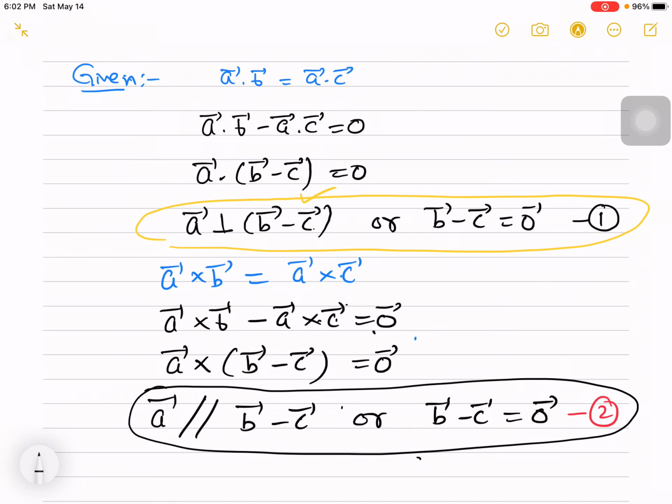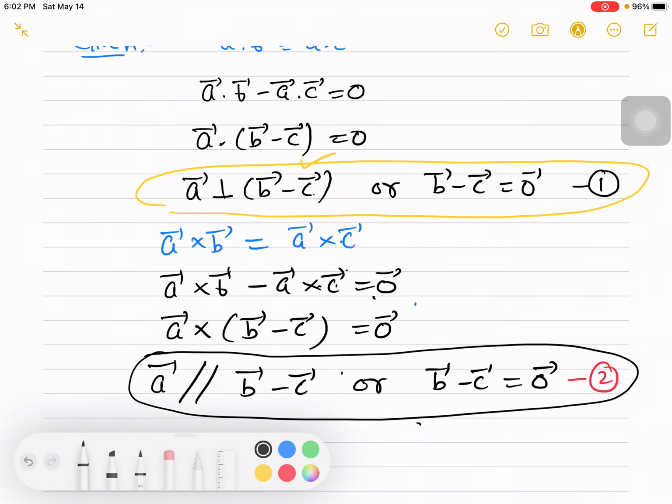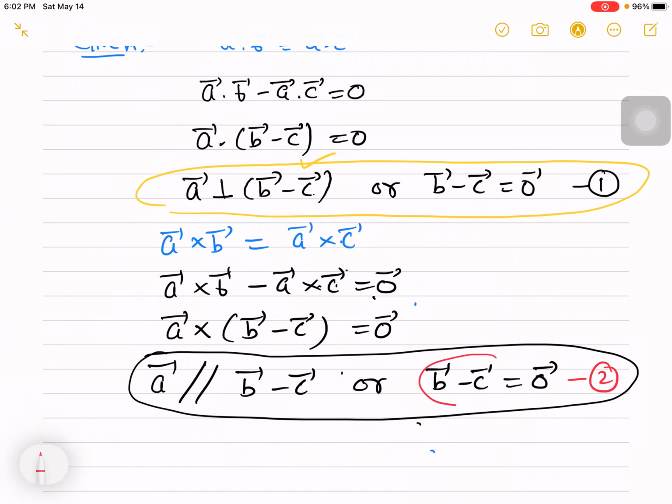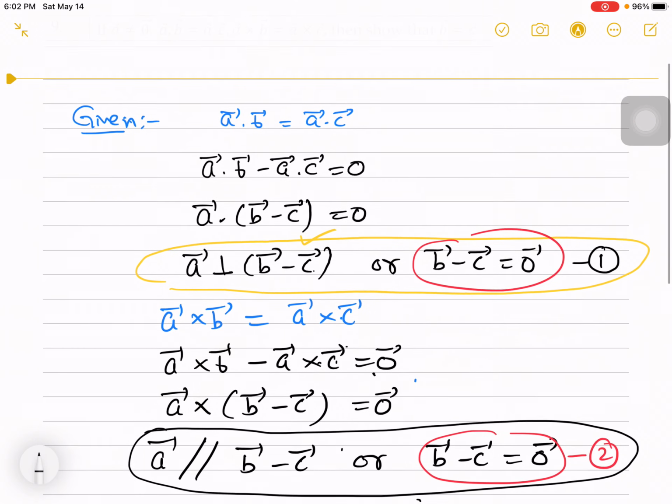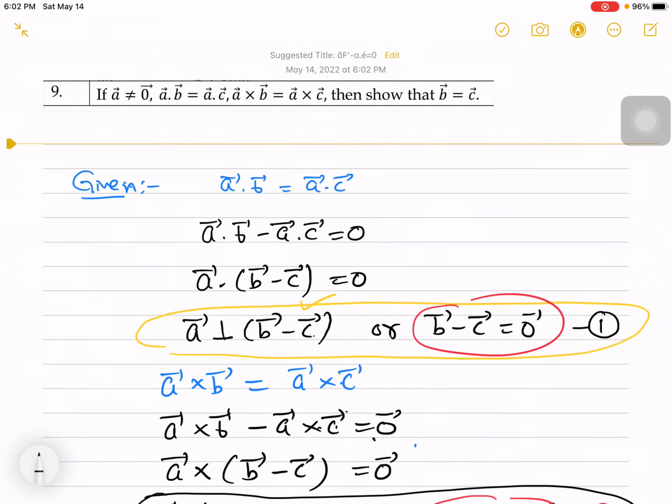So the only thing common in the first and second conditions is vector B minus vector C equal to 0 vector. It implies vector B is equal to vector C, hence proved. This is the vector theory concept we use.